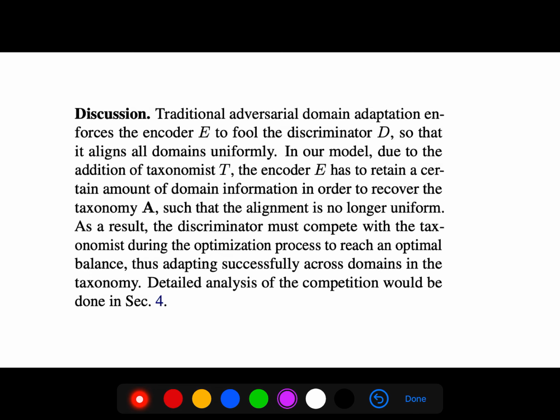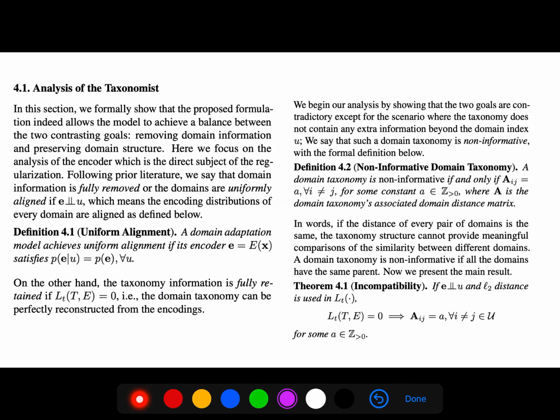As a result, the discriminator must compete with taxonomies during the optimization process to reach an optimal balance. So we formally show that the proposed formulation indeed allows the model to achieve a balance between the two contrastive goals, removing domain information and preserving domain structure.